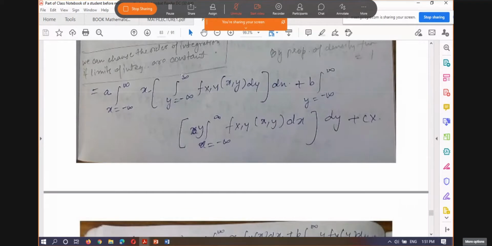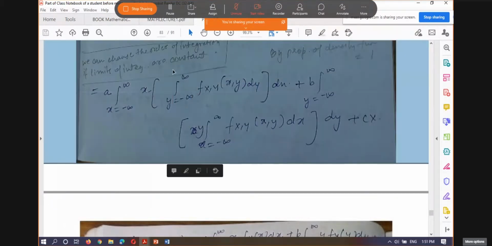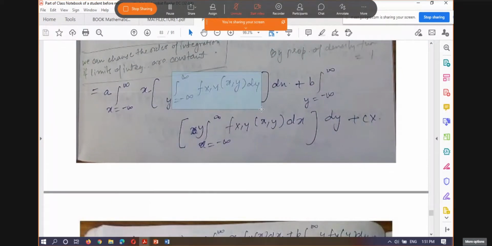So if you see what this one is, I am integrating the joint density function with respect to the variable y within the whole domain of y. It will give me the marginal density function of x. Similarly here, I am integrating with respect to x within the whole domain of x, so I get the marginal density function of y.